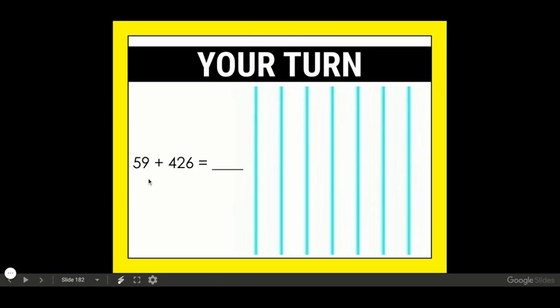All right, now it is your turn to solve 59 plus 426 all on your own. So go ahead and set up your problem, pause the video, go through all of the steps, and then come back and check your answer.